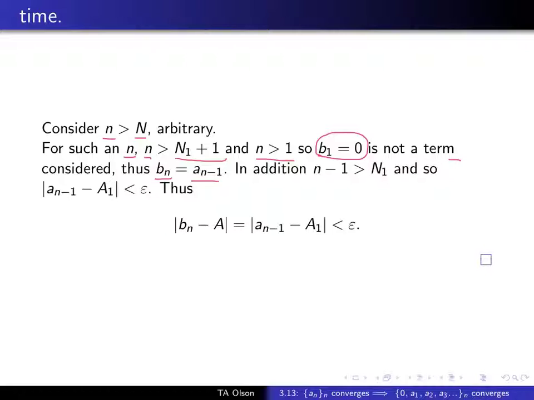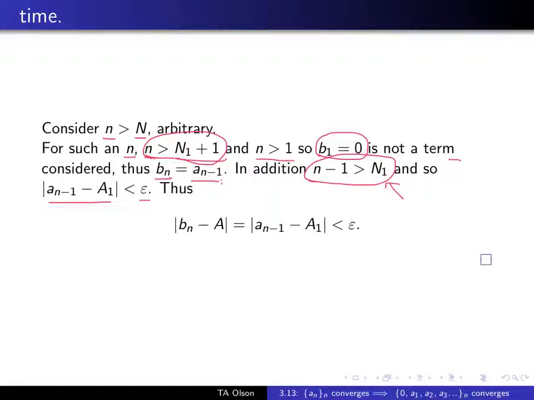So b_n is the a of 1 less than that. But we have constructed N to be greater than N1 plus 1, so n minus 1 is greater than the N1 that we used in our construction. So if n minus 1 is greater than N1, that means a sub n minus 1 is within epsilon of a1, which is what we constructed to be our a.